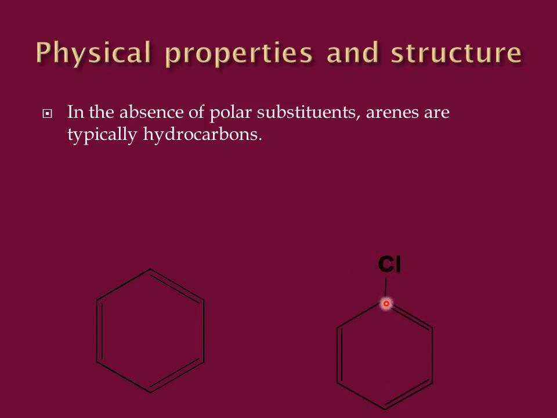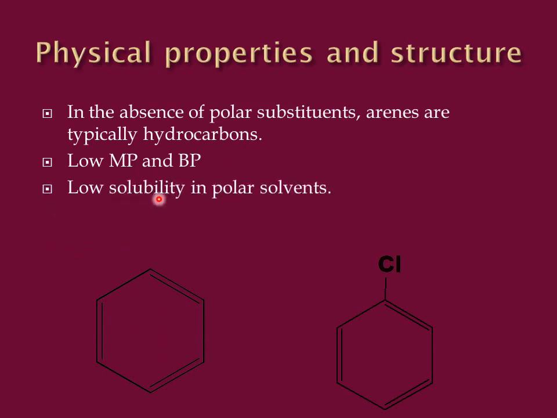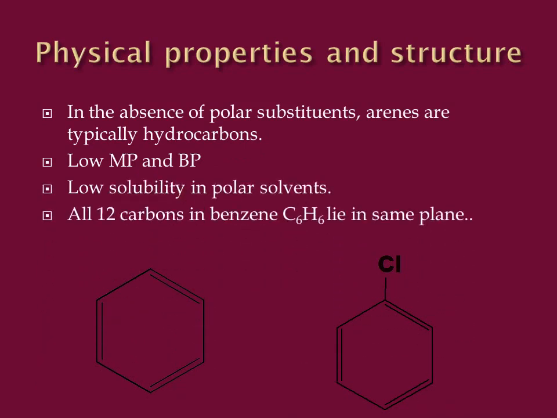Benzene, when it does not have polar substituents, is going to have low melting points and boiling points. They have low solubility in polar solvents. All the 12 atoms in benzene, that is 6 hydrogens and 6 carbons, lie in the same plane. Why?